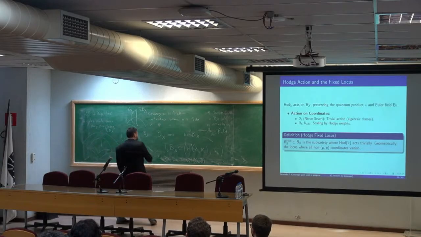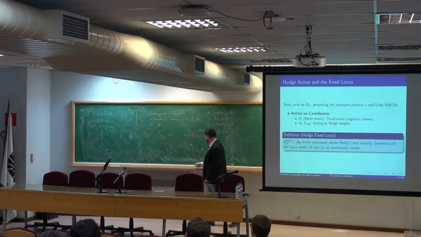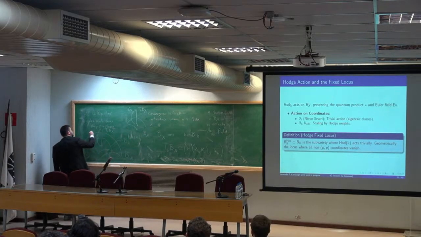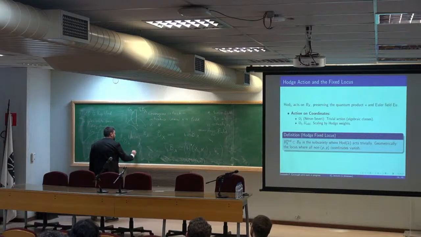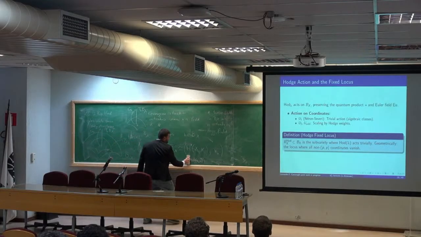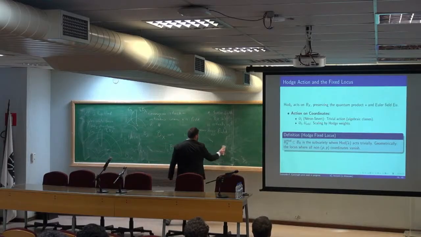And remember that you have this operator over here. So we have the Euler vector field E_B and kappa_B. These act on their fibers.